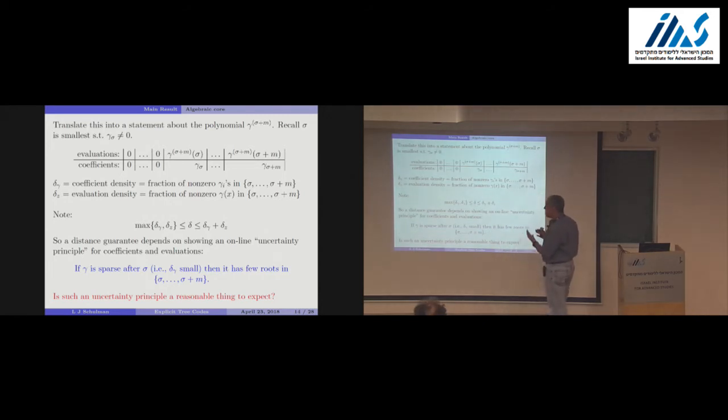So up to a factor of 2, it doesn't matter whether I look at pairs or individual entries. And the thing that we're trying to show is what people like to call an uncertainty principle: we have a representation of an object in two different bases, and not both of those can be sparse. So if delta gamma is small, you're sparse in the coefficient basis, then you have to have few roots. The polynomial has to have few roots in this segment.